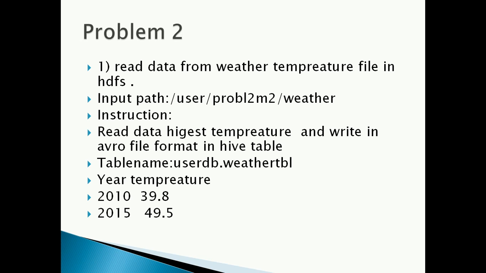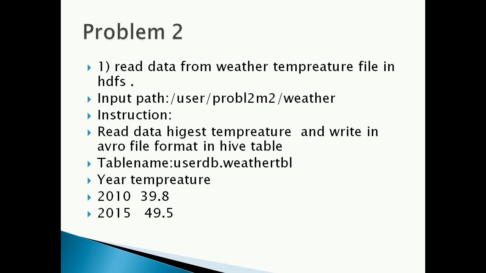The table name is userdb.weather_table, with userdb as the database name. They don't create the database in Hive, so we have to create it. In the program I read the data with spark.read.csv, reading from the weather temperature file in HDFS.